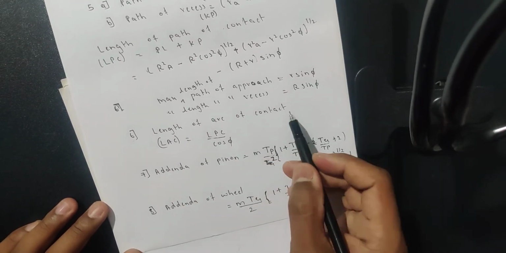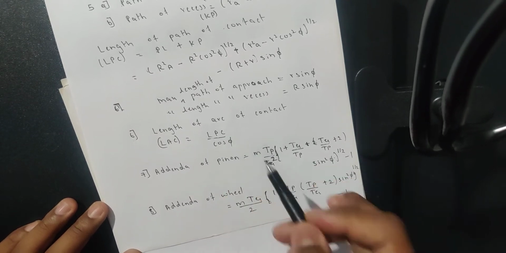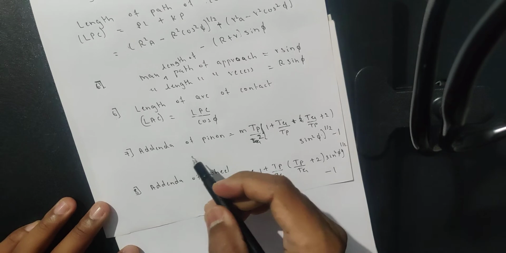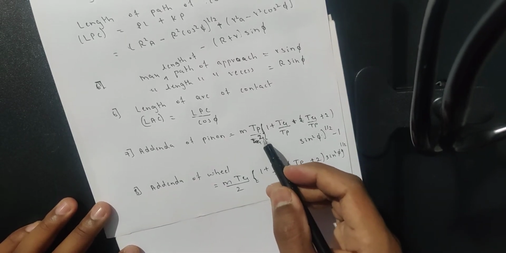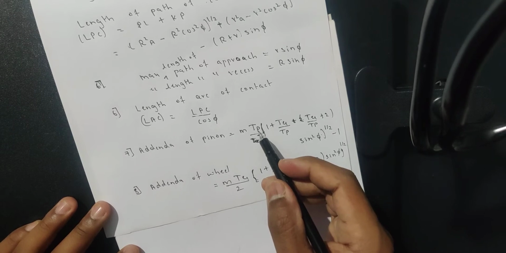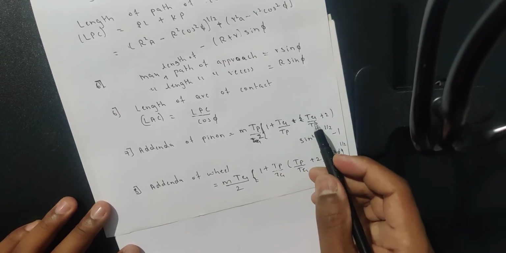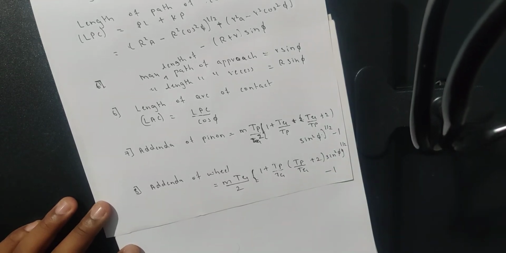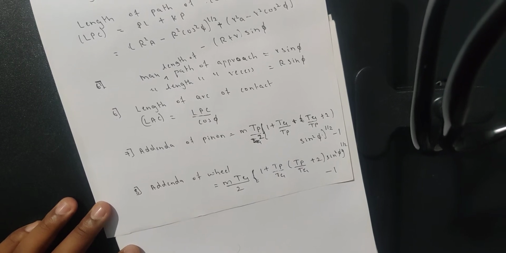The length of arc of contact is given as the length of path of contact divided by cos phi. If in the problems they ask for the addendum of a pinion, we write it as m into number of teeth on pinion divided by 2, into the square root of 1 plus Tg by Tp into Tg by Tp plus 2, into sine square phi, minus 1.